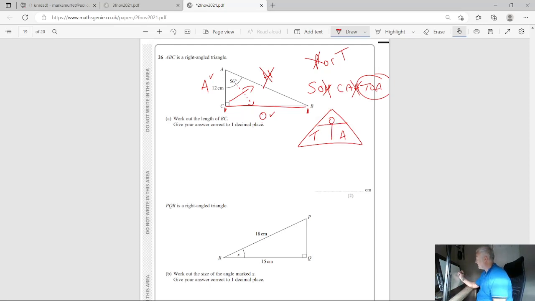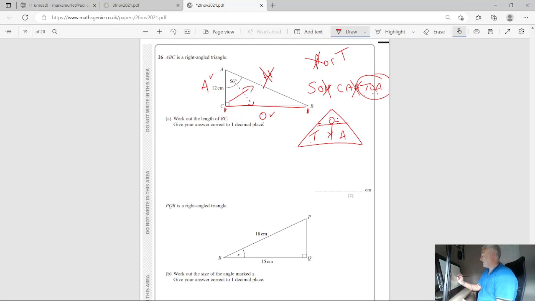So the first one is the bottom left, the middle one is the top, and the end one is the bottom right. Same thing applies: times, divide, divide. So if we can get into the process of using these triangles, we can say exactly what the function I'm going to type into my calculator is going to be.